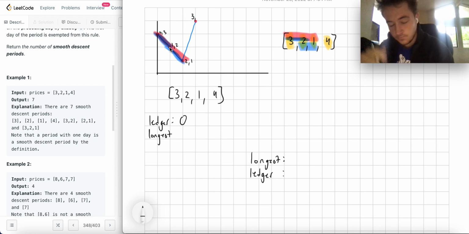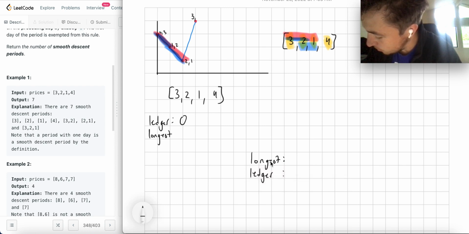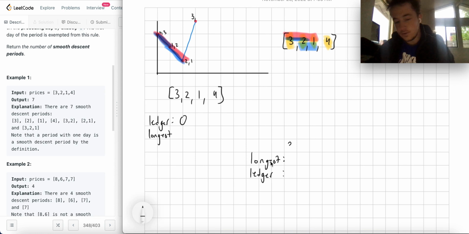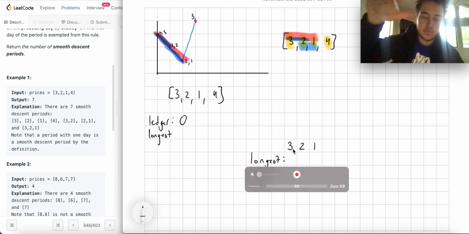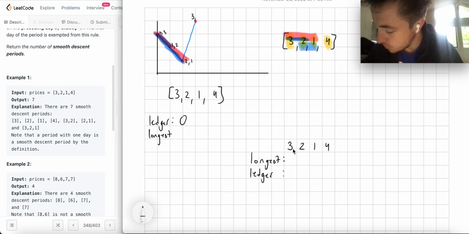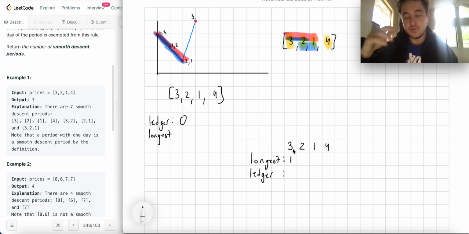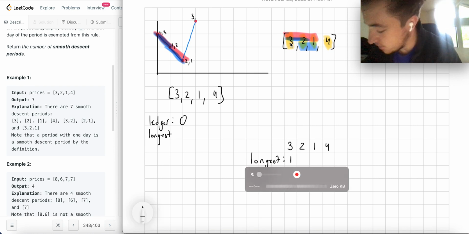So we have ledger and longest, and then we have 3, 2, 1, 4. When we look at 3, the longest period we've seen of a smooth descent is just itself, which is 1. And in the ledger, we've seen 1 total stock descent day.